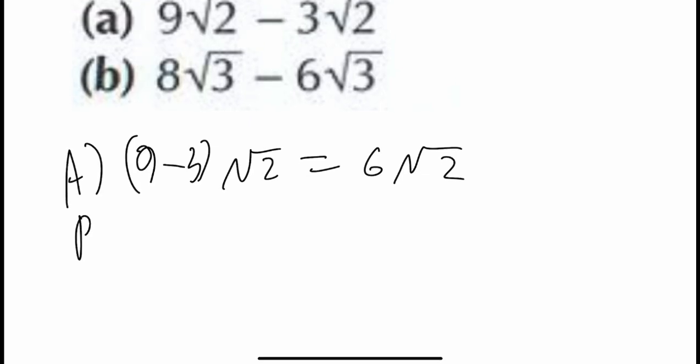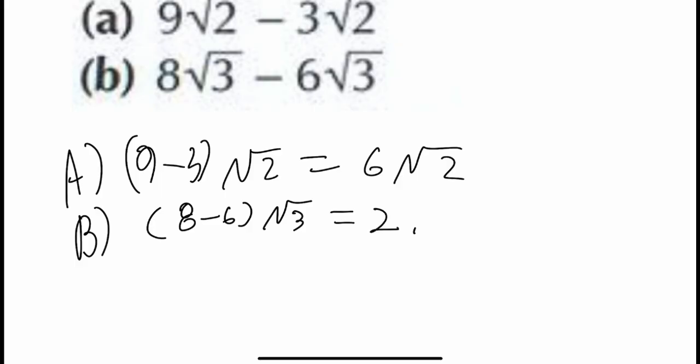Then for B, we can also see that these are surds of the same order, same radicand, so we can just do 8 minus 6 root 3 equals 2 root 3. That's it. Okay, so let's move on to some harder questions where we would actually have to simplify the surd.